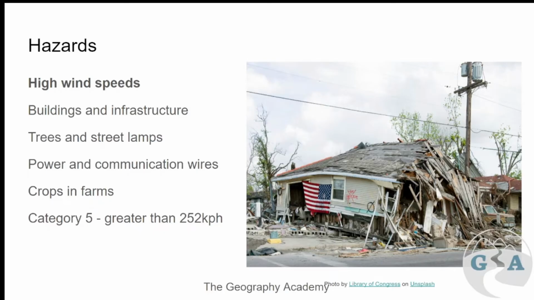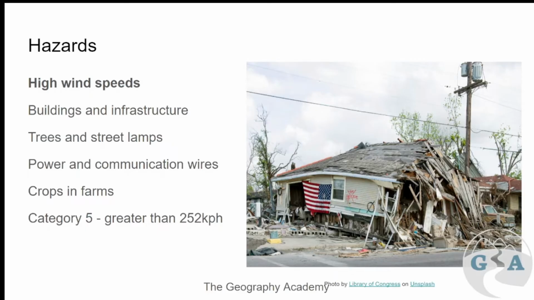Falling trees can do a huge amount of damage. And during a natural disaster, things like power cuts and communications being down can be really critical. Also, destroying crops on farms can lead to prolonged food shortages as well, which means they may have to rely on some charity and some food supplies being brought in as aid.